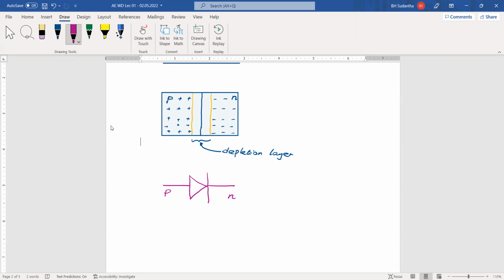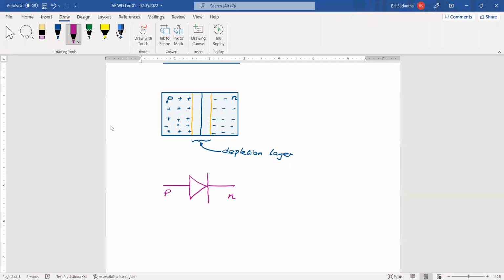This symbol shows that current can go to the other side, but here we have a barrier like this. Instead of drawing the p-type and n-type semiconductors, draw it like this. Hereafter we use the PN junction with this symbol.